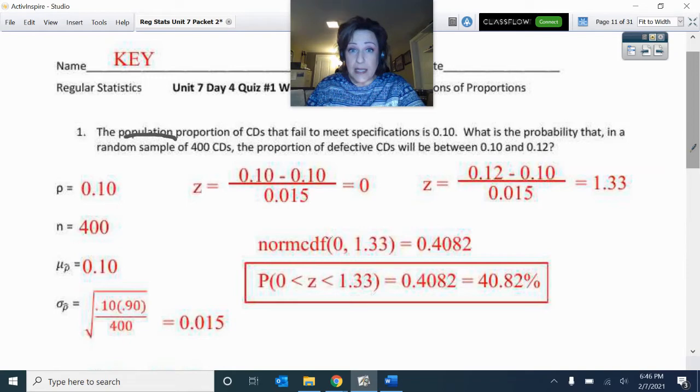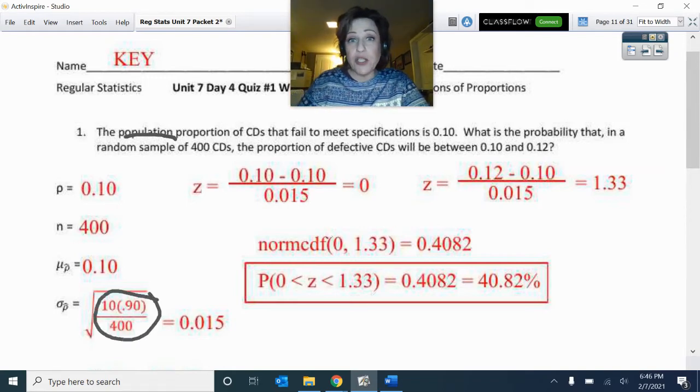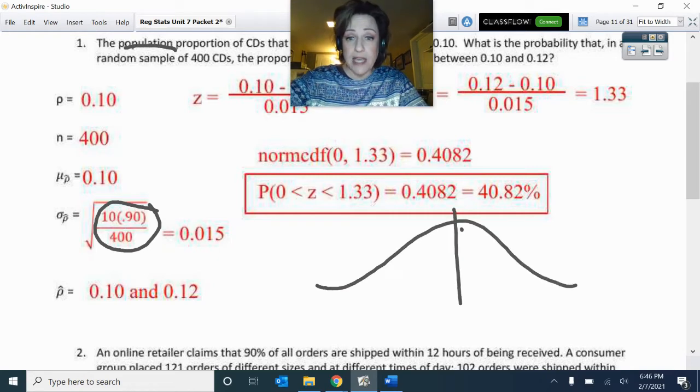Make sure you complete mathematically all of this part that's inside first before you square root. And then you get, we were wondering about the proportion of samples that are between 0.10 and 0.12. So we were wondering what proportion of all these samples of size 400 are between those two amounts.